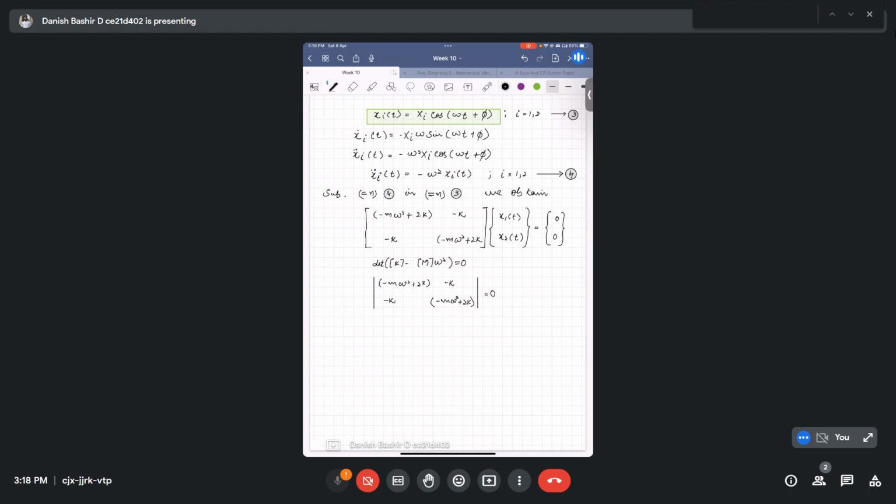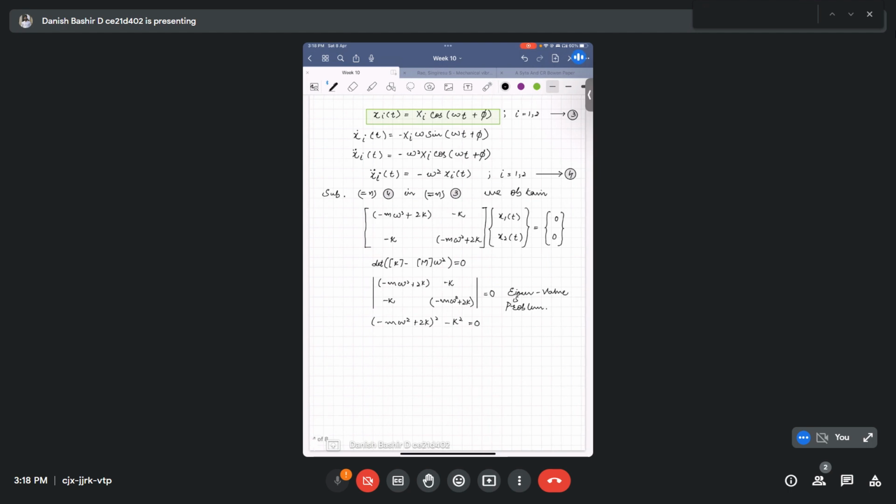This is the eigenvalue problem. When we solve it, we have minus m omega square plus 2k whole square minus k square equal to 0.